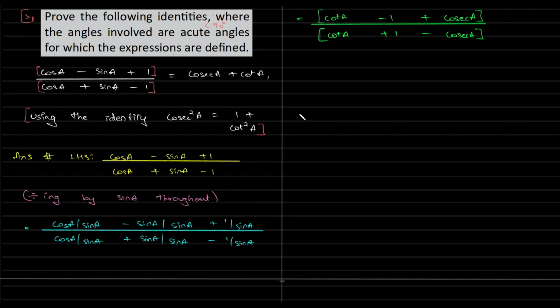Okay, now we have to jump to what they've given, the clue. So we express the LHS in terms of cot and cosec. That job is done. So let's make use of the identity. We know that cosecant square A is equal to 1 plus cot square A. Now rearrange it: cosecant square A minus cot square A is equal to 1.